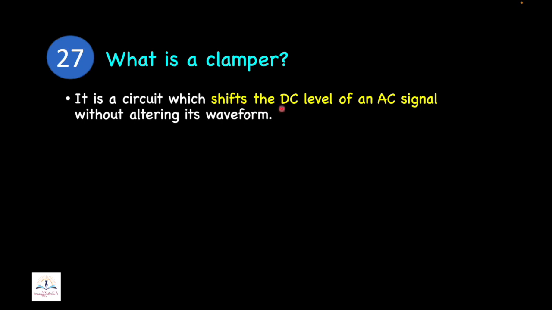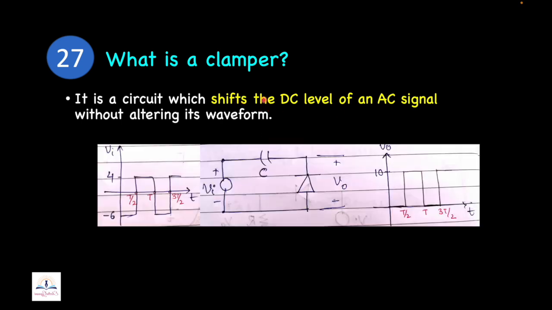It is just shifting of the AC signal. So the clamper circuit has at least one capacitor and a diode. As you can see, this input square wave is shifted from -6 to 4, and here the output is from 0 to 10. So this is the clamping of the AC signal.